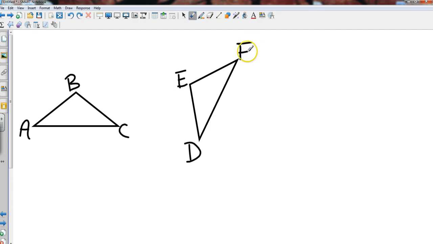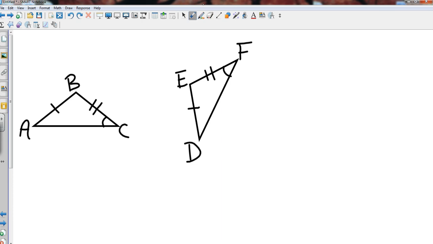I like those three. And let's say AB and DE are congruent. I'm not going to actually put numbers on them this time. I'm going to use the book congruent little marks. And then I've got BC congruent to EF. And then angle C is congruent to angle F.